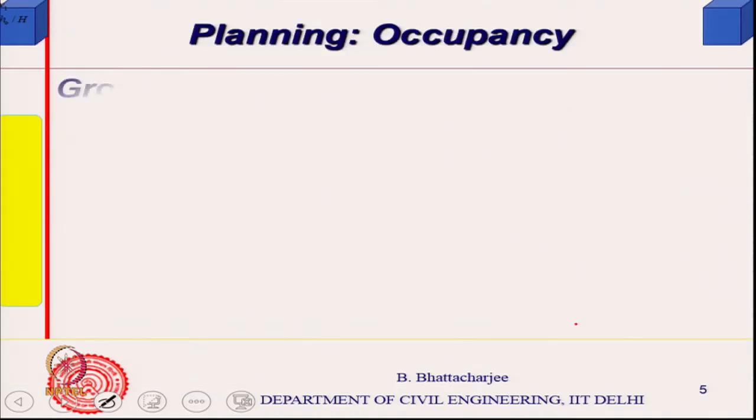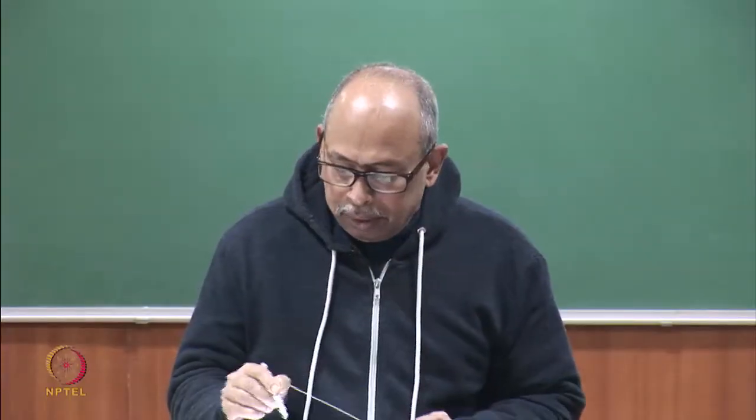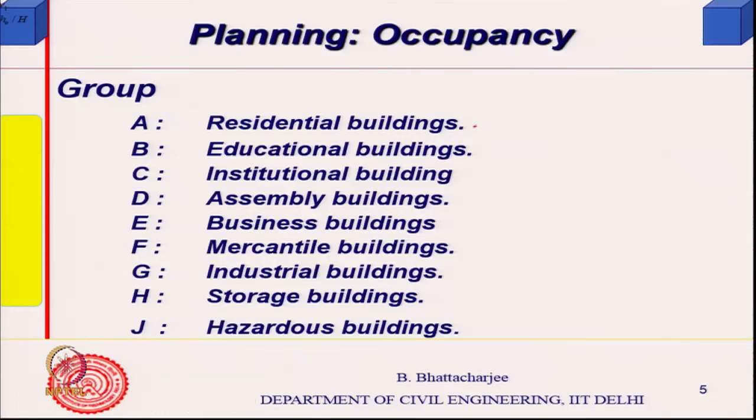Obviously, urban plans, or any planning, would include different types of buildings, what we call occupancy classes, types of occupancies. This is how the National Building Code groups them: residential building, group A, educational building, institutional building, assembly building, business, mercantile, industrial, storage, and hazardous, that is A, B, C, D, E, F, G, H, and then J. I is not there.